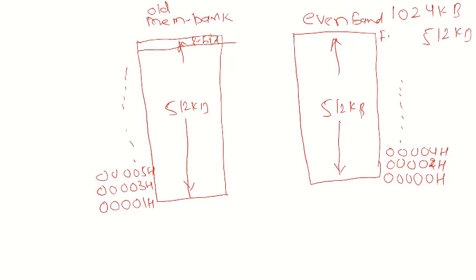Last will be FFFFEh, and this will be FFFFFh. Okay, so this is called even bank. Okay, and this is called odd bank.